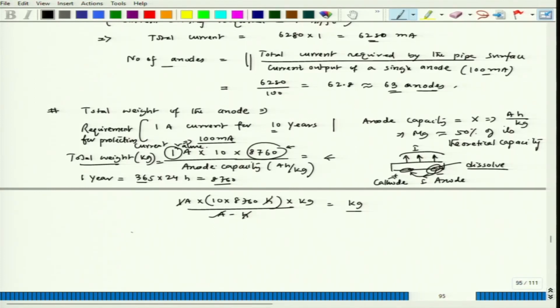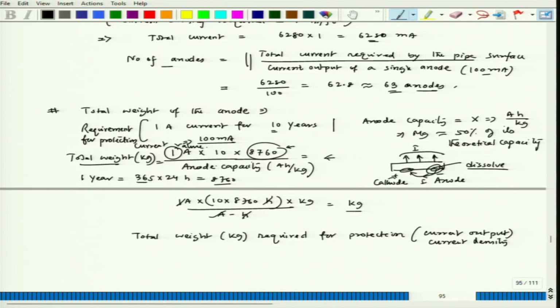Now, the basic formula becomes total weight in kg required for protection with the requirement of some specified amount of current output, or current density you can think of, just like the previous problem. So, that we can find out.